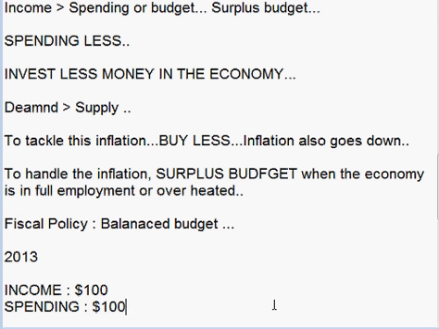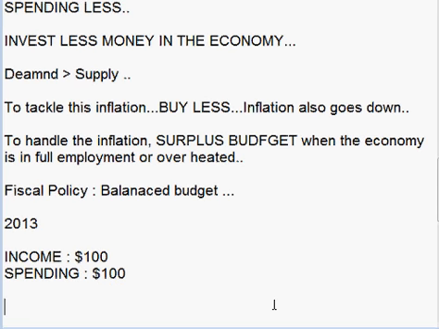That is called a balanced budget, because here there is neither deficit nor surplus. Exactly balanced.